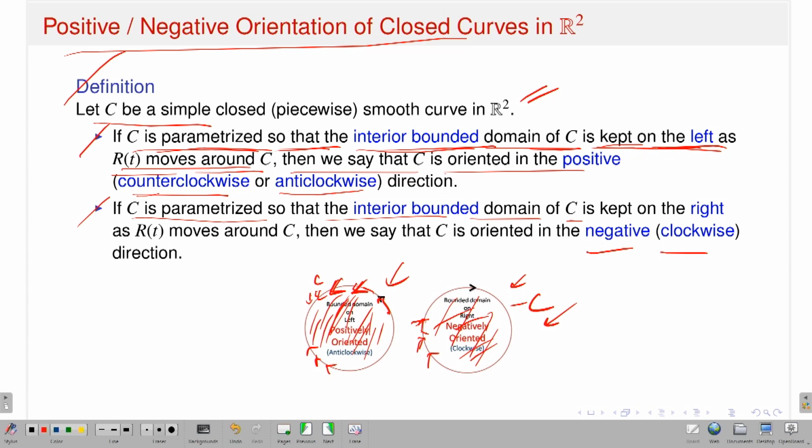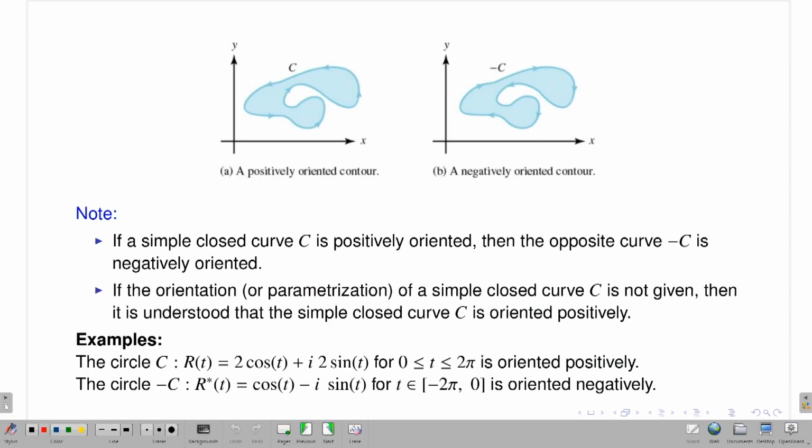And if I move along the curve C in such a way that I see my interior bounded domain always on the right, then I will say that orientation is negative or clockwise orientation. Again, this is just the picture I have drawn. That one is the positively oriented contour, another is the negatively oriented contour. Now look at the arrow I have drawn, it is quite clear. Suppose you have a curve C which is very nice, a simple closed smooth curve.